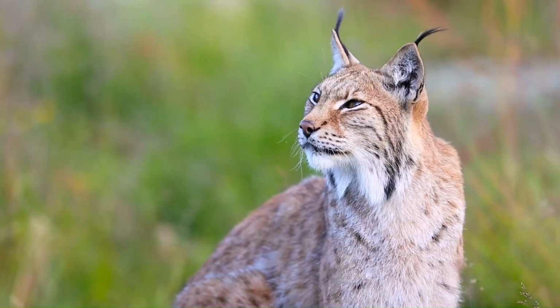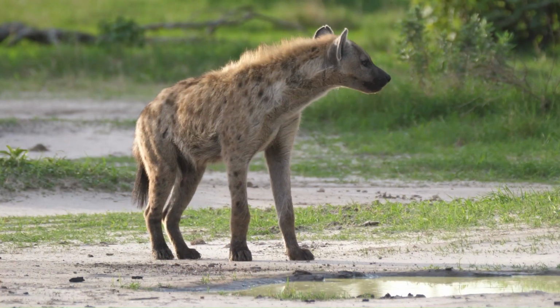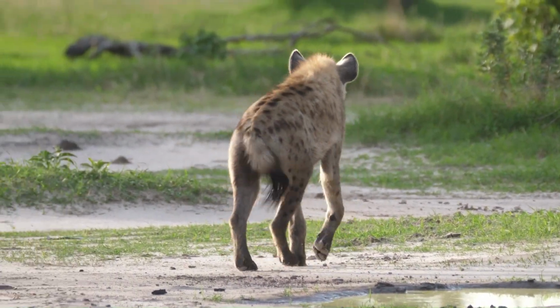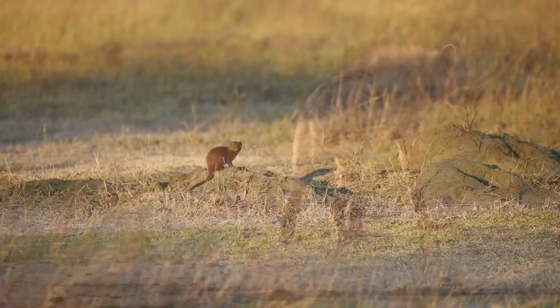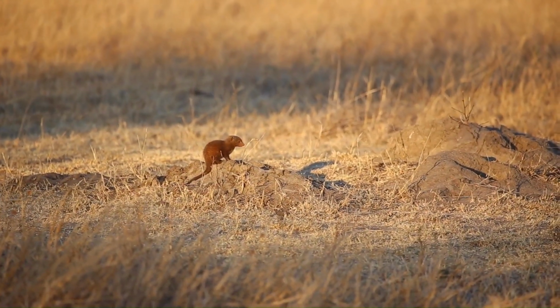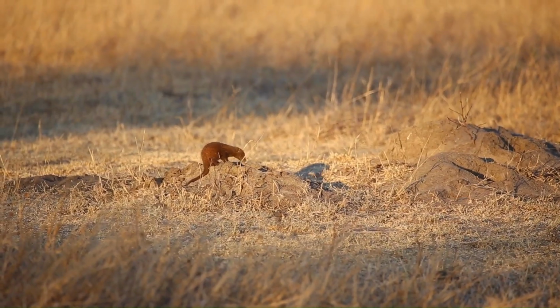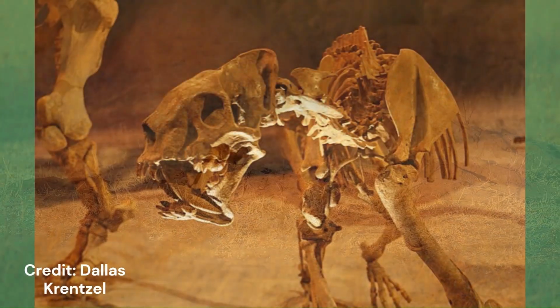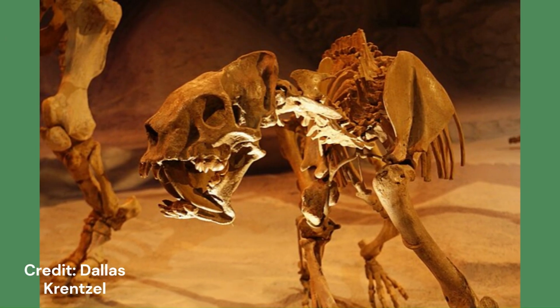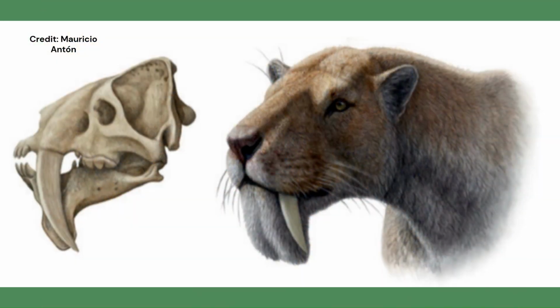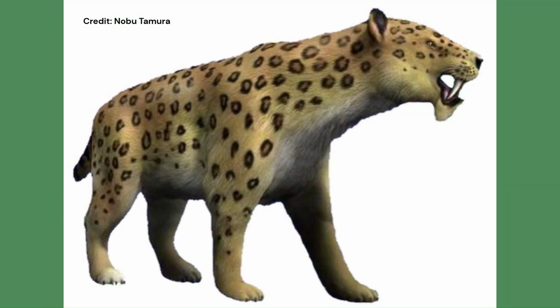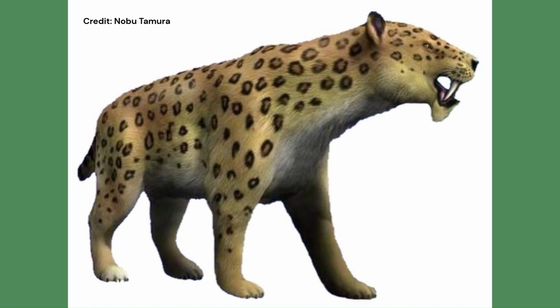Feliformia, the suborder that contains the cats, as well as other cat-like carnivorans including hyenas and mongoose, likely split between 50.6 and 35 million years ago into several families. These families included the false saber-toothed cats, which, whilst not true cats, were still closely related to the rest of the feliforms.